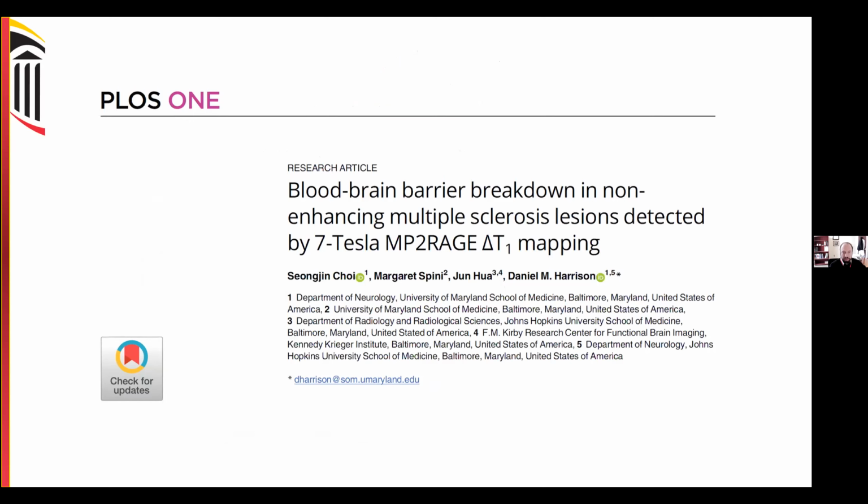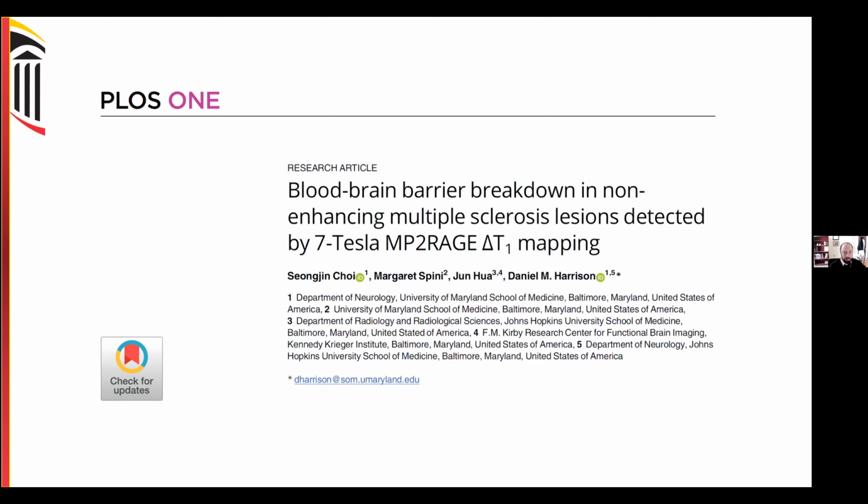One of the things that we've done in our 7T study is taken a look at using the T1 maps that are acquired using the MP2RAGE acquisition technique on 7 Tesla MRI.